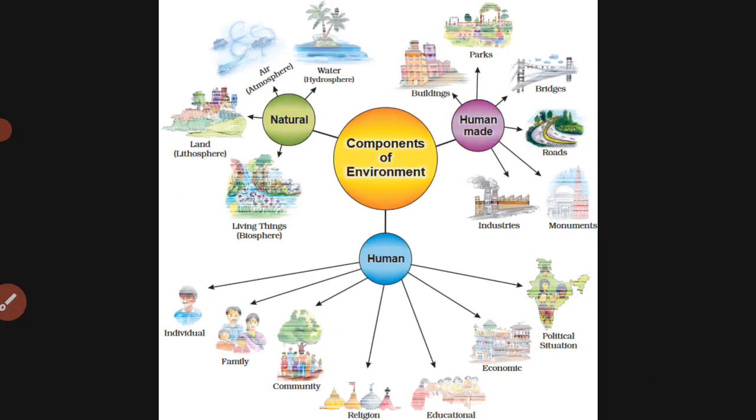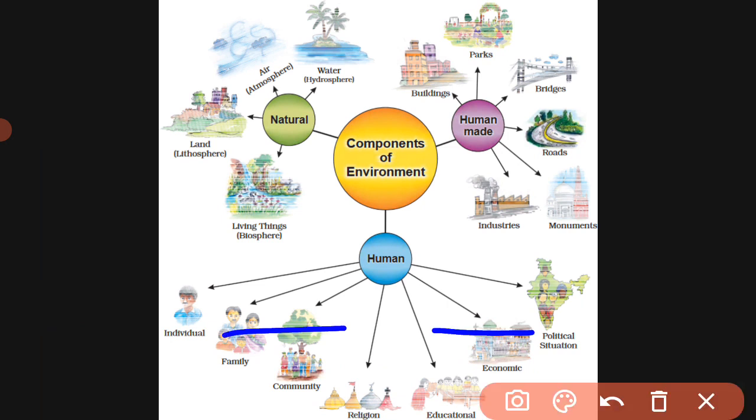So now let us move on to one more topic of our chapter, that is the components of our environment, in which you can see the figure on page number 5. We had done the types of environment on the basis of origin, in which we had done the human-made environment.